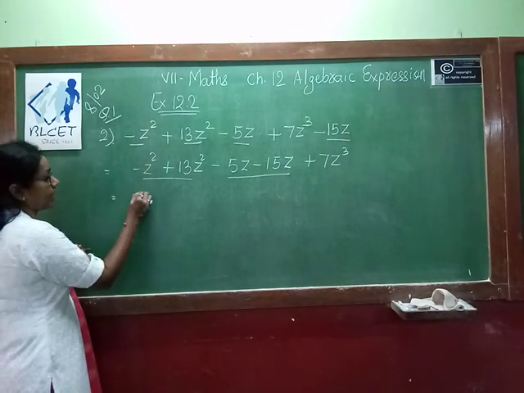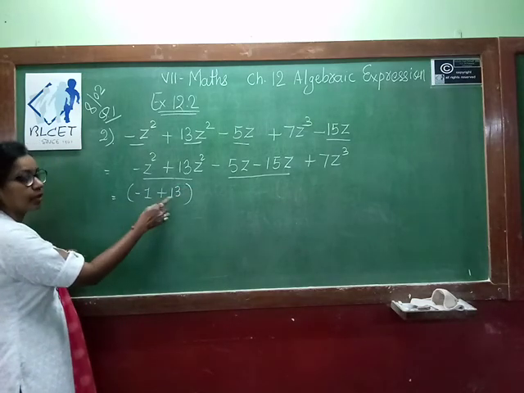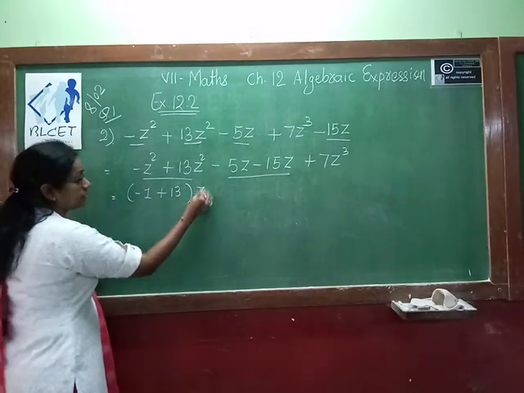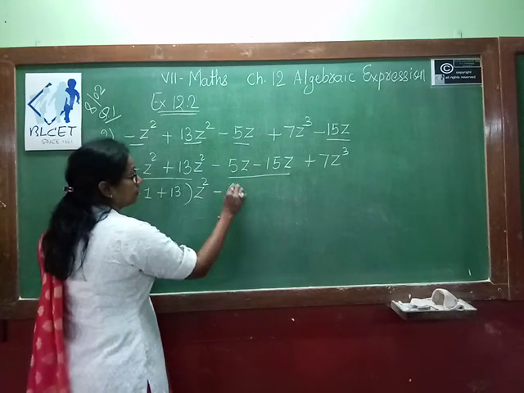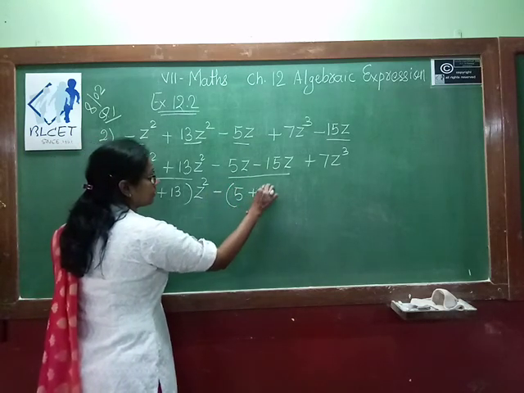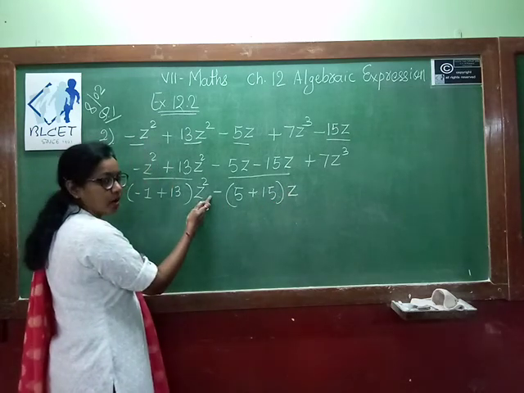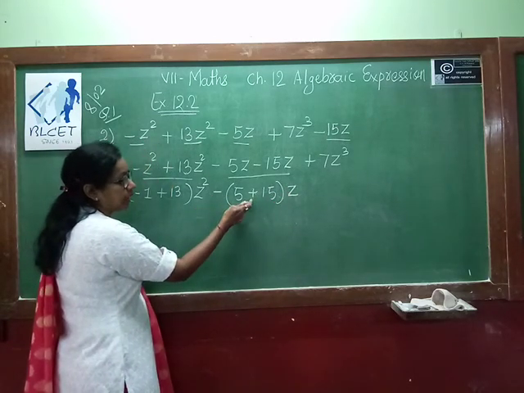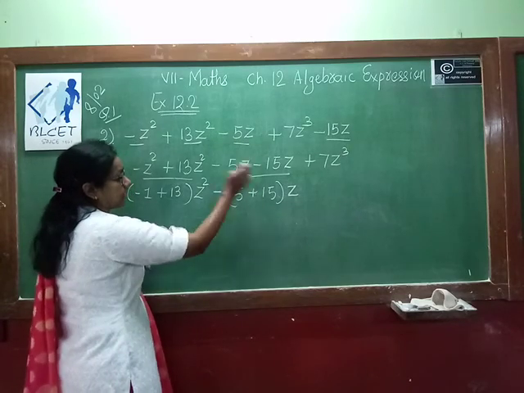If you want, you can write a bracket: minus 1 plus 13, the numerical coefficient of z square, then minus 5 plus 15z. When you take out minus common, in between we have to write the plus sign. Why? When you open the bracket, it is minus 5, minus plus, minus 15.